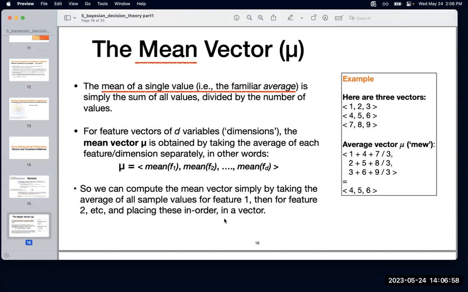So that's what we refer to as the mean vector. So here you have an example given 3 vectors. If you fix each feature, for instance the first feature, sum them up and then divide by the number of vectors, you would end up with the mean of each of the features that we have. So you see here in the bottom.